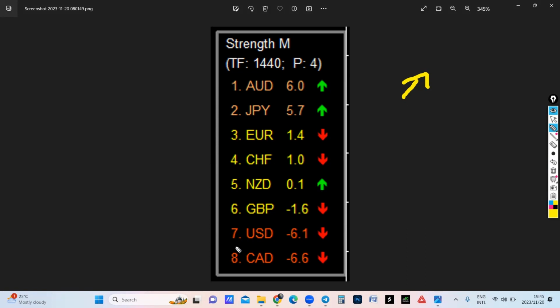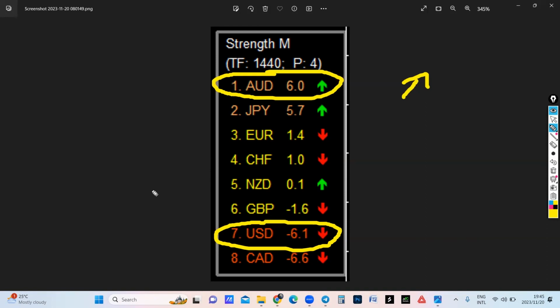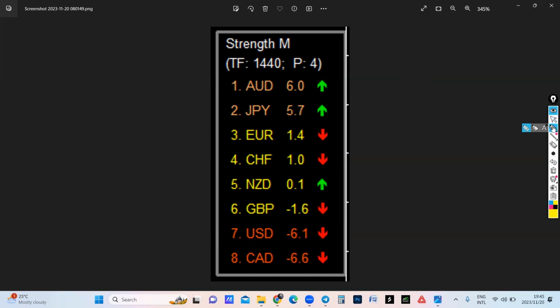So it's very easy here. You just look at the US dollar against the one that is pushing to the upside. For example, here we were looking for a buy on AUD against the US dollar. Very, very simple. And the strategy, yes, it works like 75% of the time.